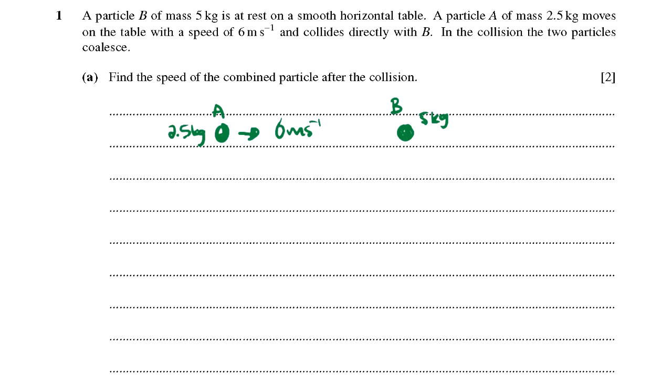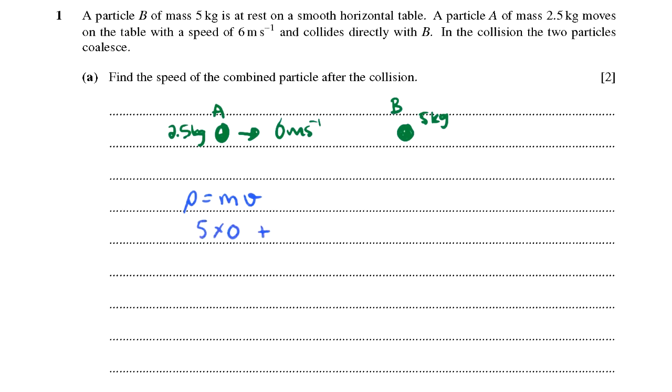So the principle we use for this question is that momentum is conserved in a collision. Momentum, you may remember, is mass times velocity. So the mass times velocity of the objects before is equal to the mass times velocity of the objects after. Before, particle B is at rest, so it's 5 times the velocity of 0, which is just 0.